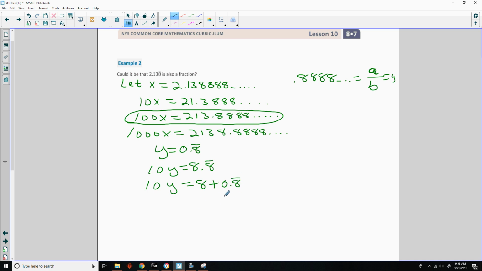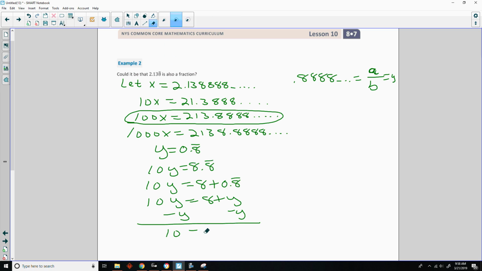So if I now see that y is 0.8 repeating, now I can say 10y equals 8 plus y. And if I subtract y from both sides, then I get 9y equals 8, and divide by 9, then I get y equals 8/9. So now I know that my y is 8 over 9. So my a is 8, my b is 9 that I was looking for.